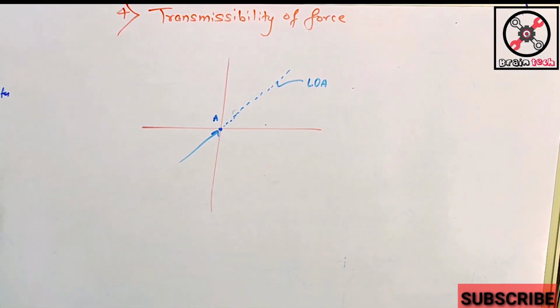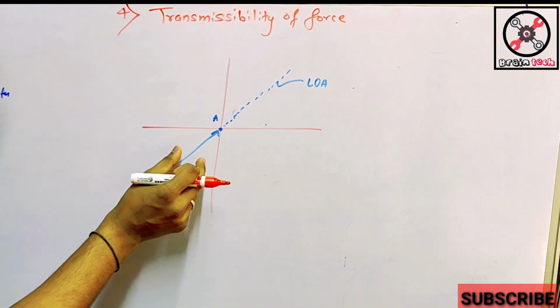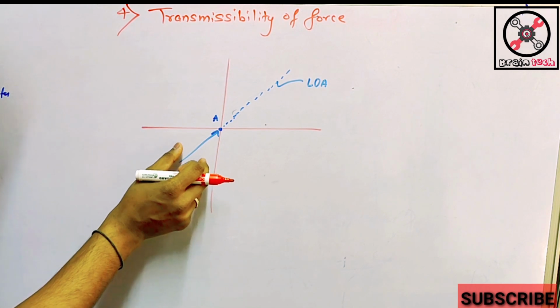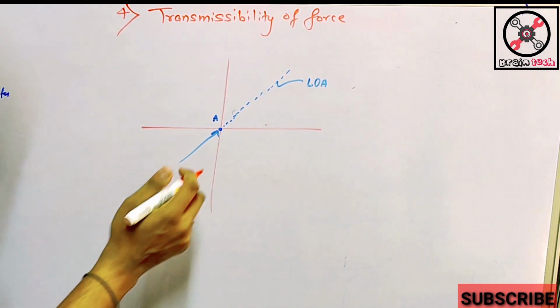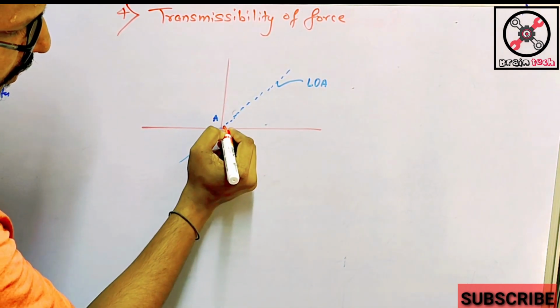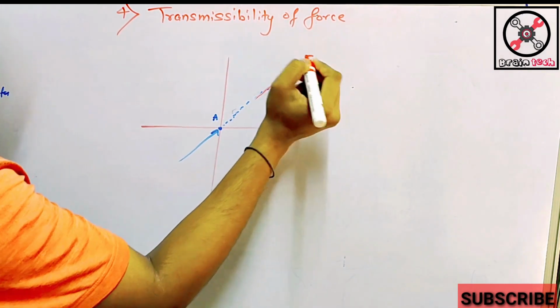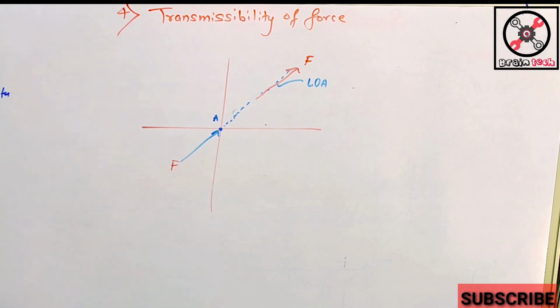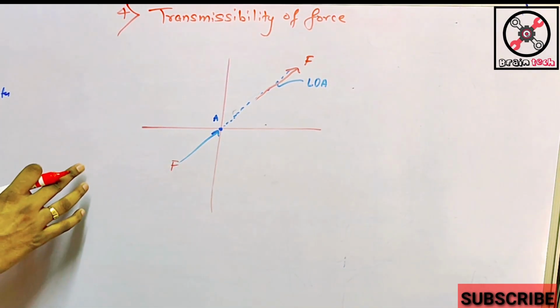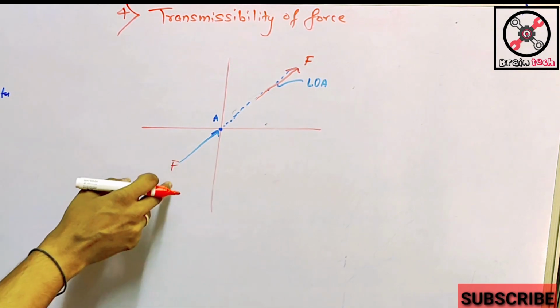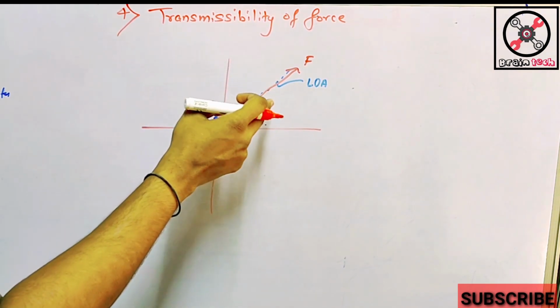Now the force is in the third quadrant and you need your force to be transferred to the first quadrant. So you can transfer along the line of action anywhere on this line. So this is F. This is the actual concept of transmissibility of force, that you can transfer any force from one point to another point along the line of action.